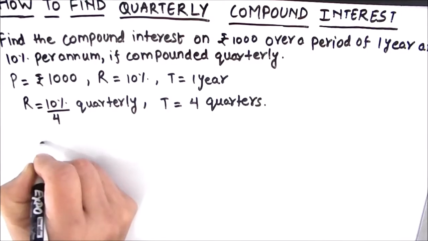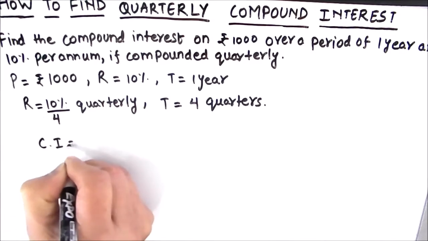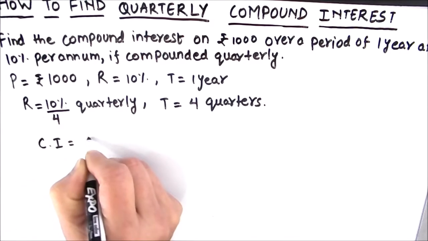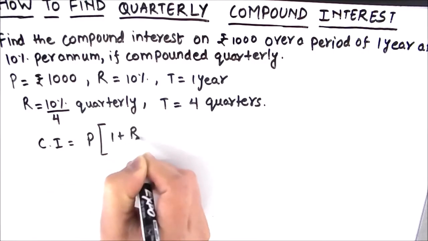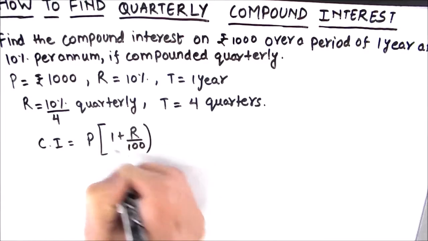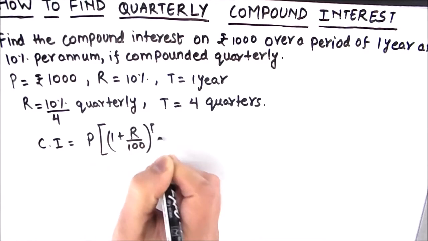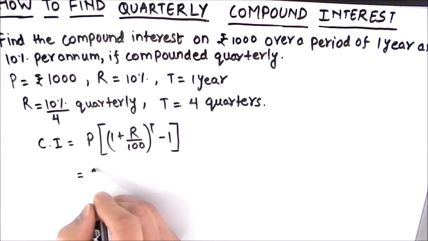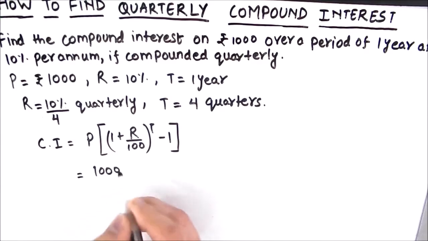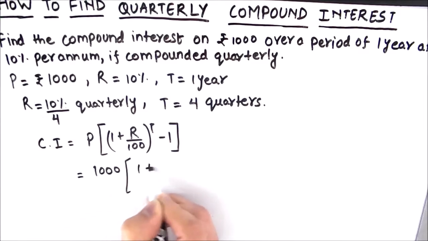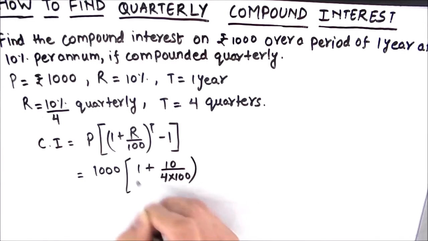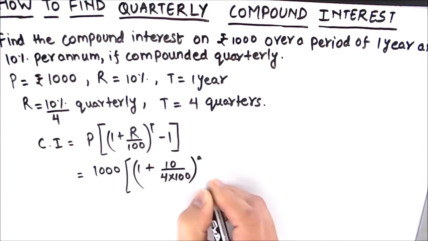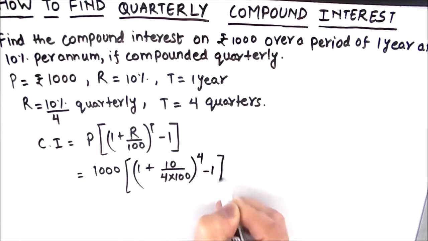So let's substitute the values in compound interest formula, which is P times (1 + R/100) raised to power T, minus 1. So principal amount is given as 1000 times (1 + R is now 10 divided by 4 times 100) raised to power 4, minus 1.